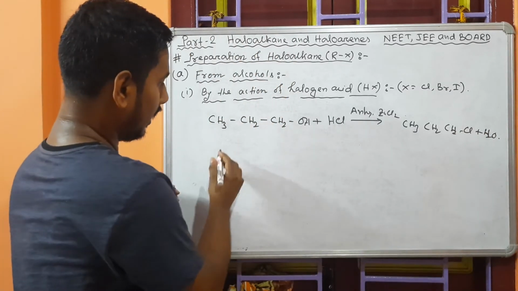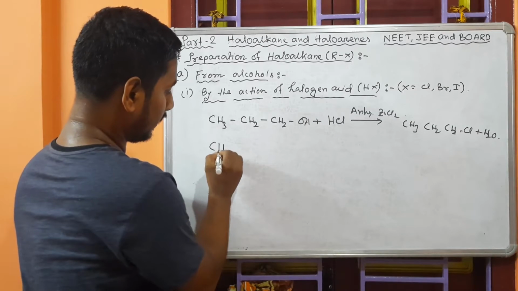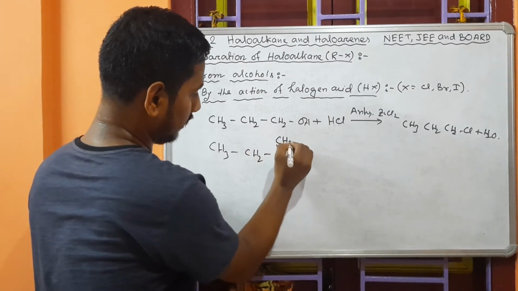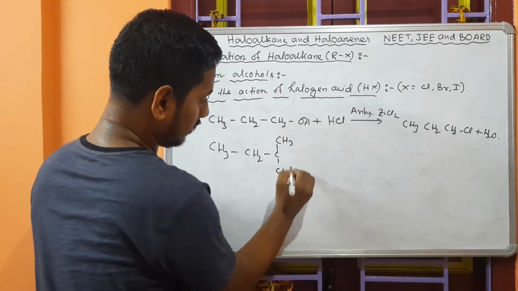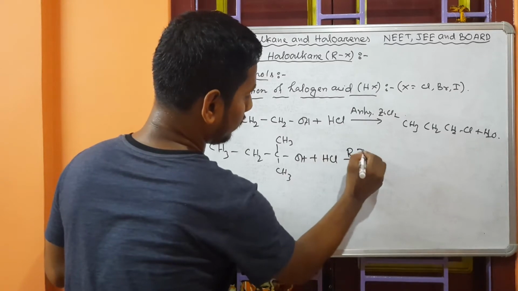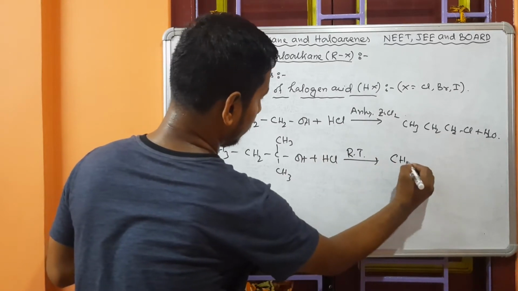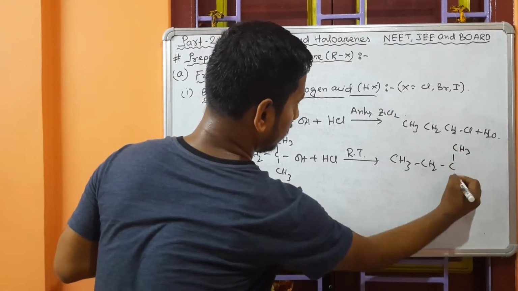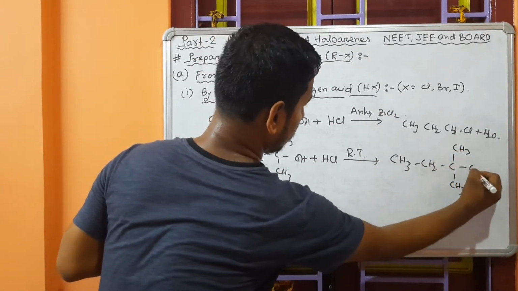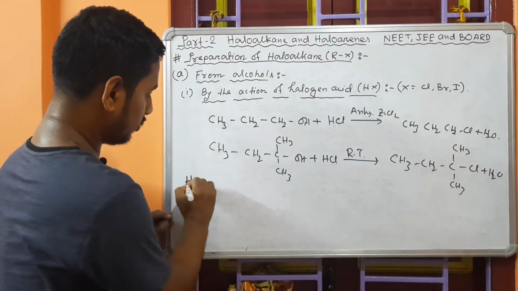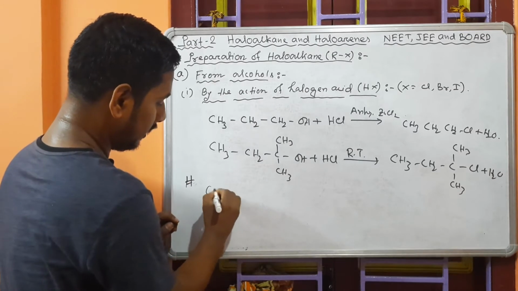Okay, now I give you another example. I give you a tertiary alcohol plus HCl. Then at room temperature you get the alkyl chloride plus water.